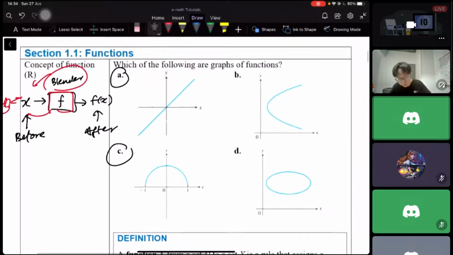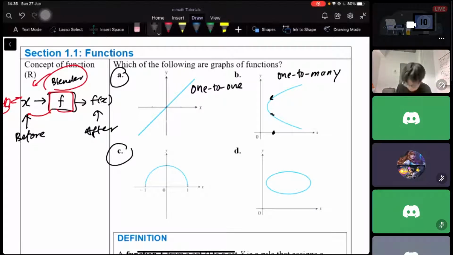If you have a look at this ABCD, and go back to maybe your Chapter 1 in your MF, you learned about relations, right? What kind of relation is A? It's a 1-to-1, isn't it? What about B? For 1 x you can have 2 y, which means it is a 1-to-many. Then what about C?